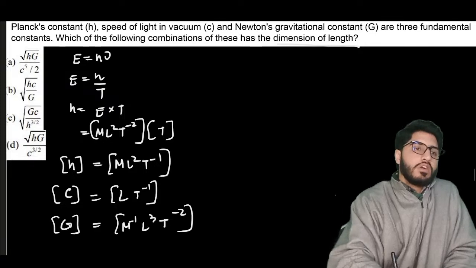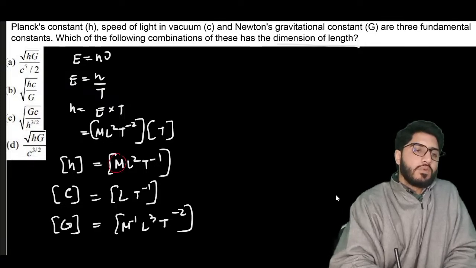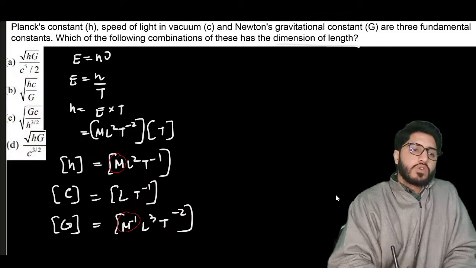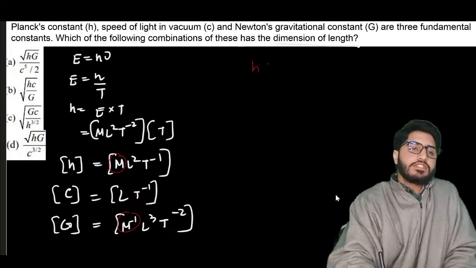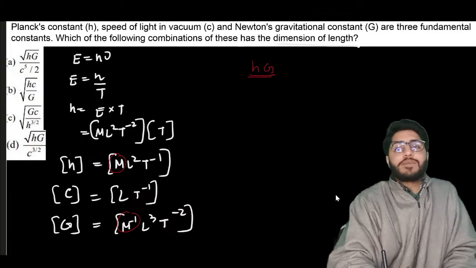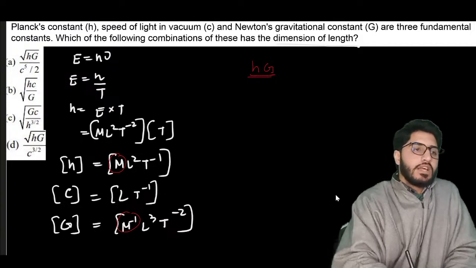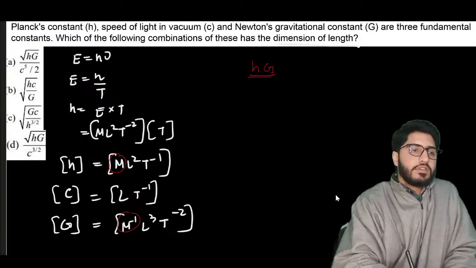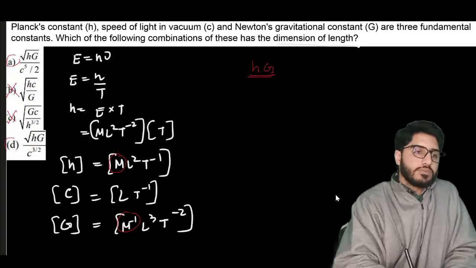Look, here we have M, we have M. So it is only possible when H and G are on the same side. That is possible. H and G, yeah, this one can be possible. H by G not possible. G no possible. H G this is possible.